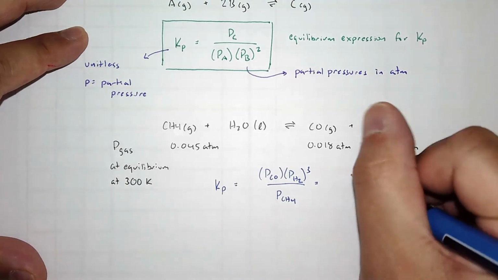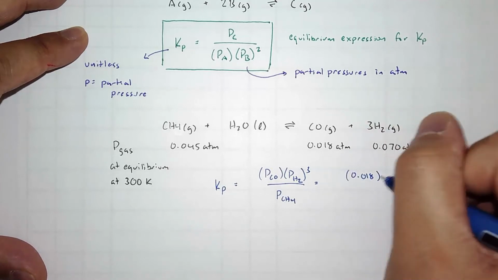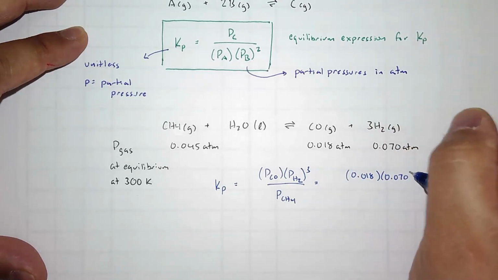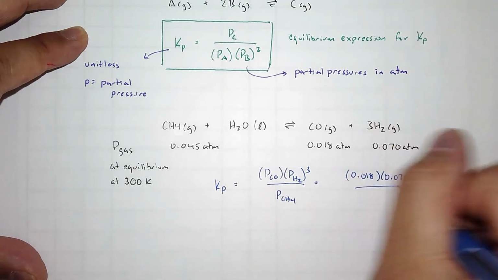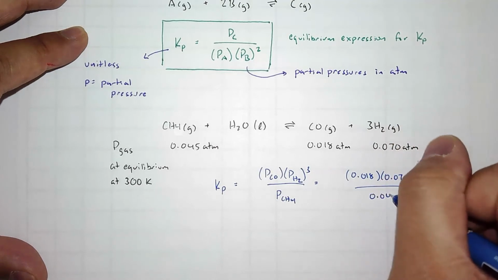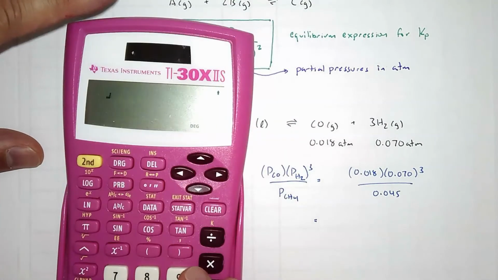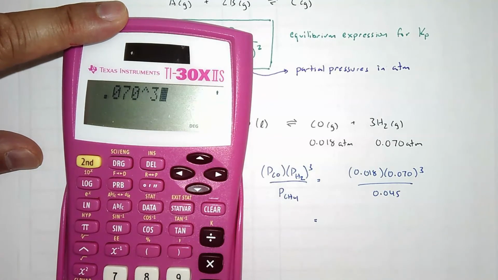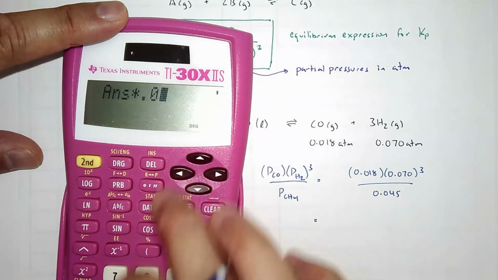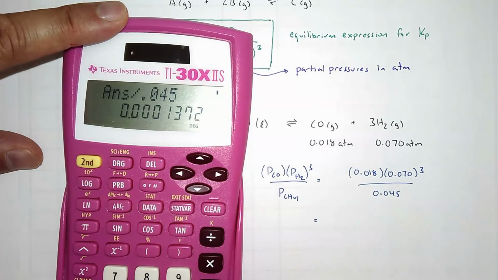Let me plug in my numbers. It's only that value that is cubed. What would I do first? I would do the cubed first. 0.070 raised to the third power times 0.018 divided by 0.045.